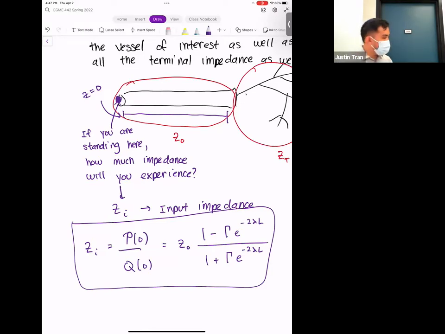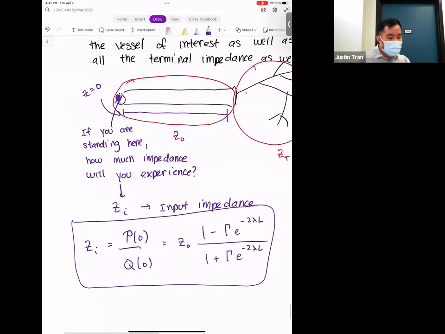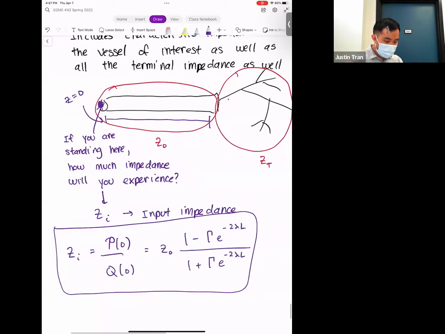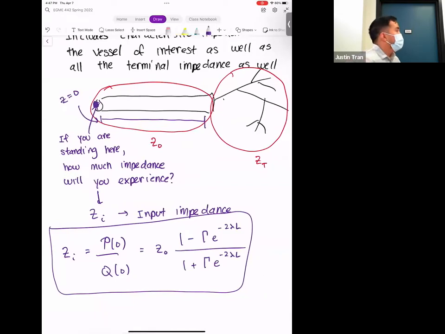Okay. And so we have 3 impedances now: the input impedance, the characteristic impedance, and the terminal impedance. Now that we have an understanding of these, we can see how they all combine together and how we can actually use these in some problems to do some computations. All right. Any questions on this?